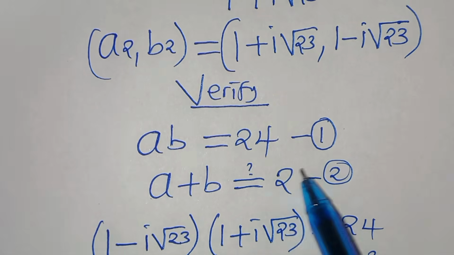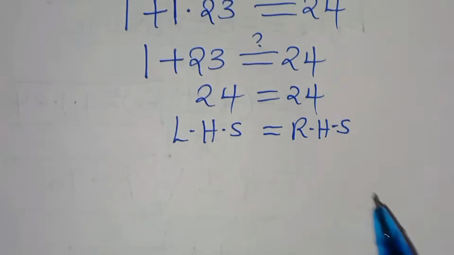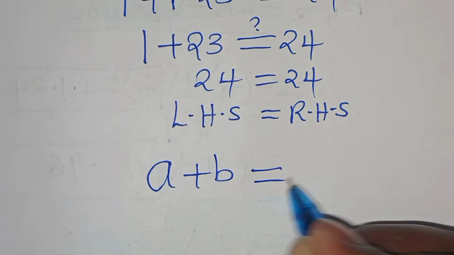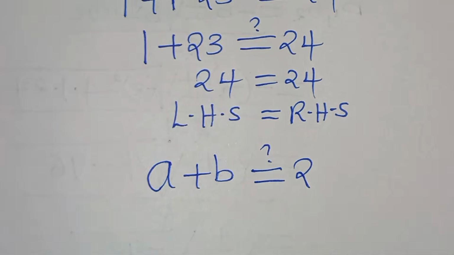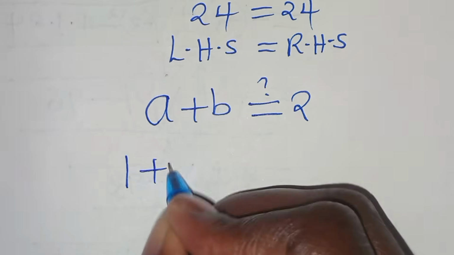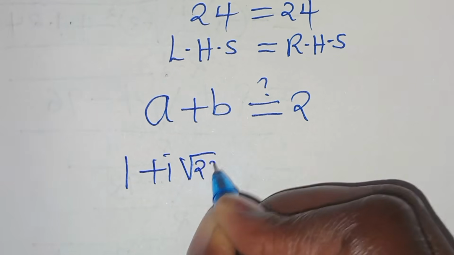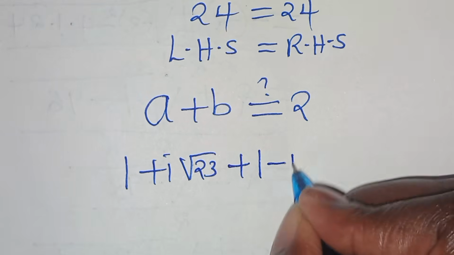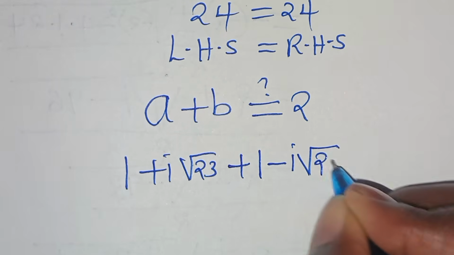This should give us a value of 2. We have that a plus b. This is supposed to give us a value of 2. So we have 1 plus i square root of 23 plus 1 minus i square root of 23.